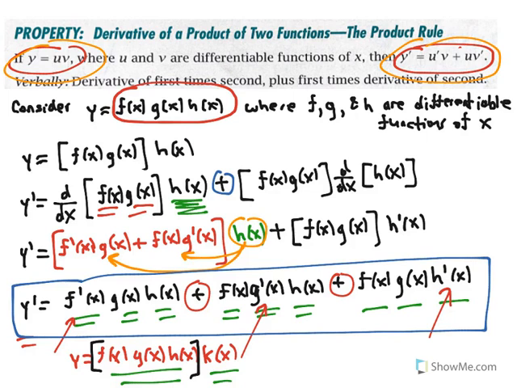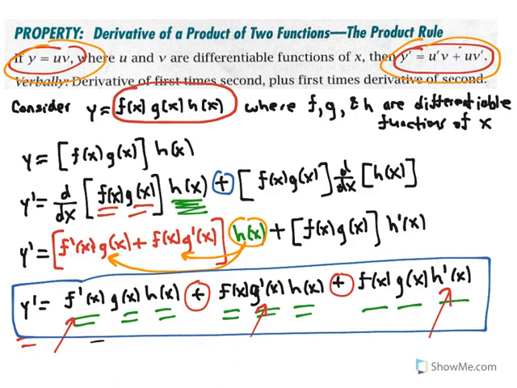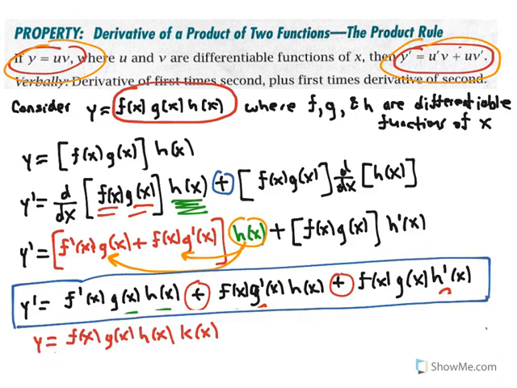And when you do that, the process is similar to what you saw me do in the last 4 or 5 minutes. This is what you will find for the derivative of a product of four differentiable functions. It would have four terms.